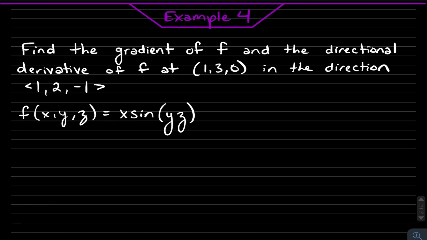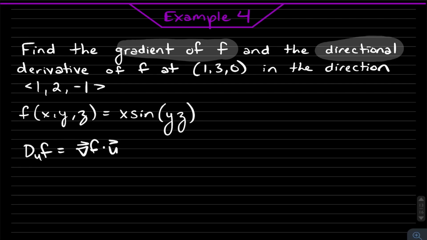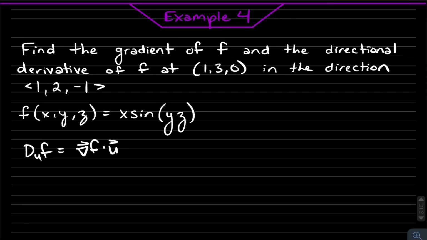So first, we know that the directional derivative is equal to the gradient of f dot u. And so if we find the gradient of f, we can actually just find the directional derivative pretty easily from there. So we can do this in a process, right? First we'll find the gradient vector, and then we'll use this formula to find the directional derivative.